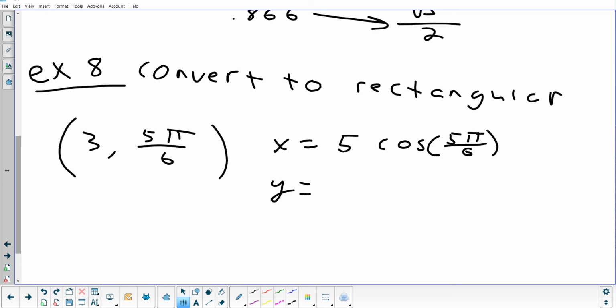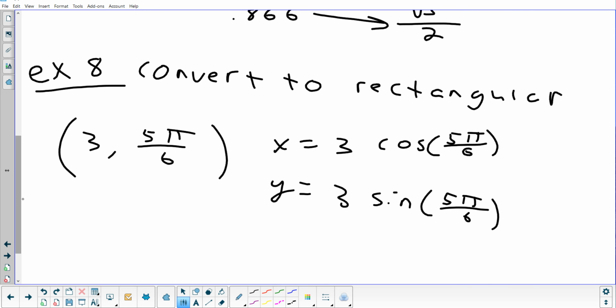It's fine. And what about your formula for y? Yep, 3 sine theta. Did you say 3 the first time, Ashley? No, I said r. Oh, you said r. I think I was thinking of the 5. But it's 3 cosine 5 pi over 6, 3 sine 5 pi over 6.